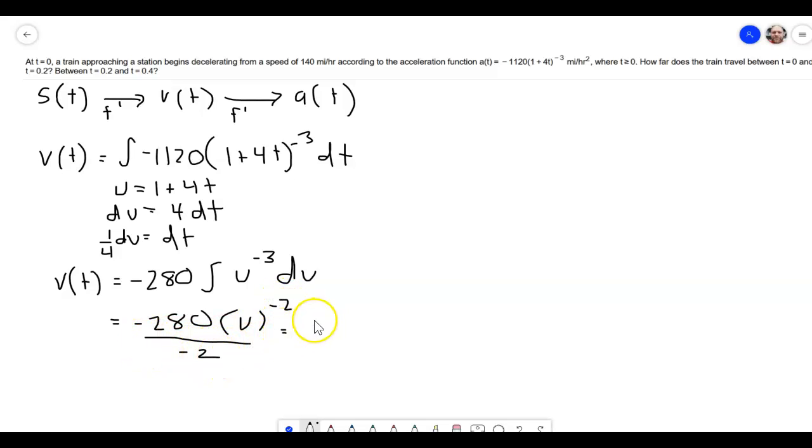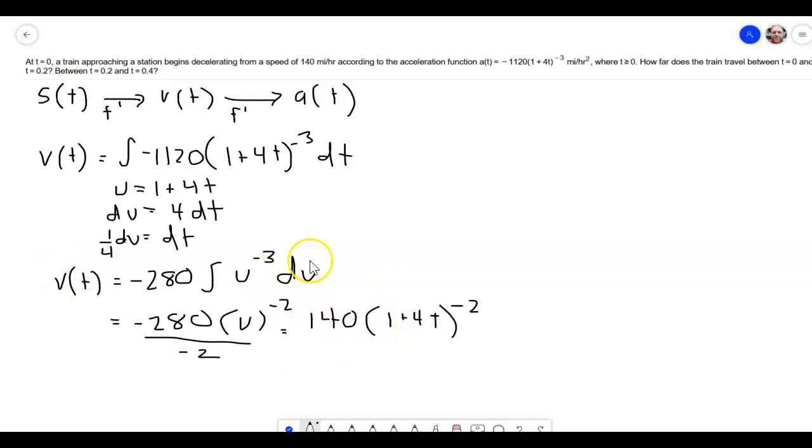So this is going to be equal to positive 140 times, I'm going to replace that u back in there, that was 1 plus 4t, so (1 plus 4t) to the negative 2 there. All right, so now I've got my velocity function.